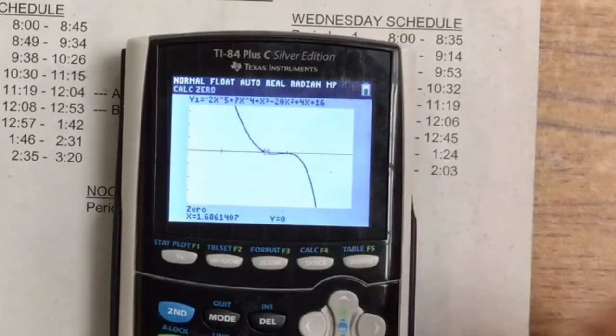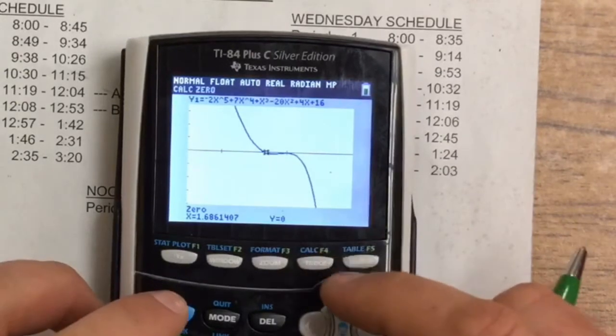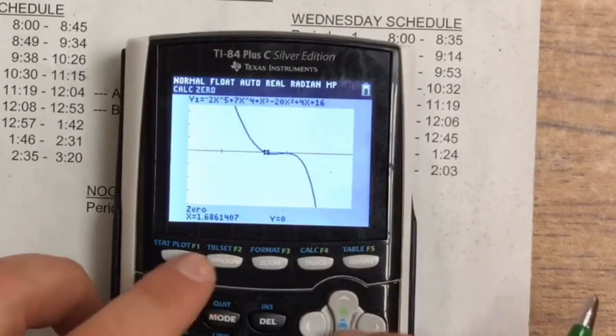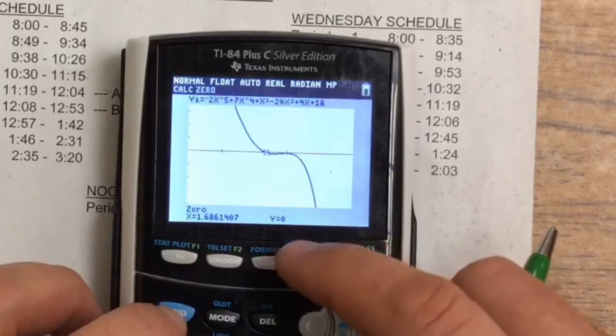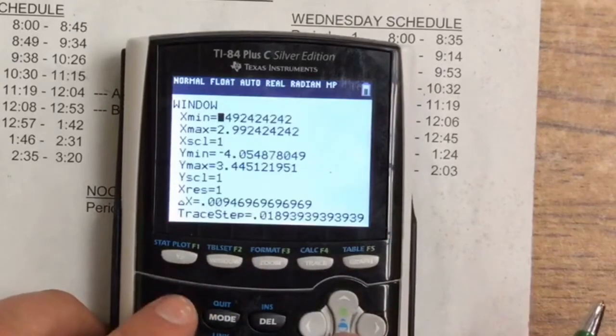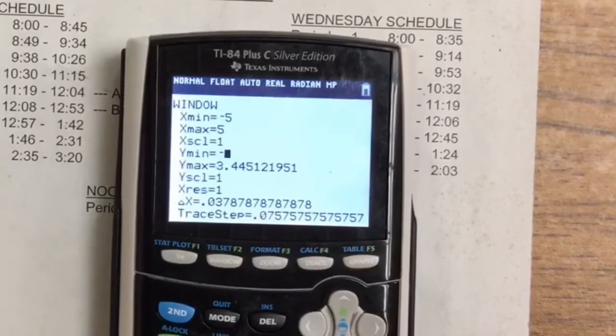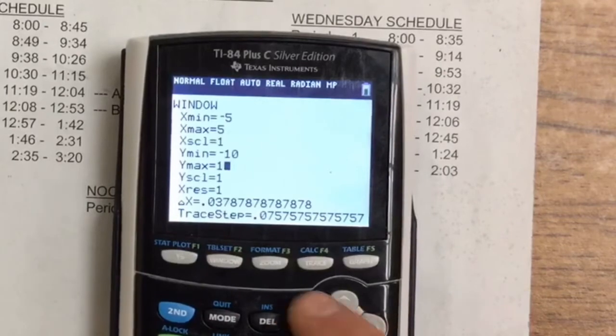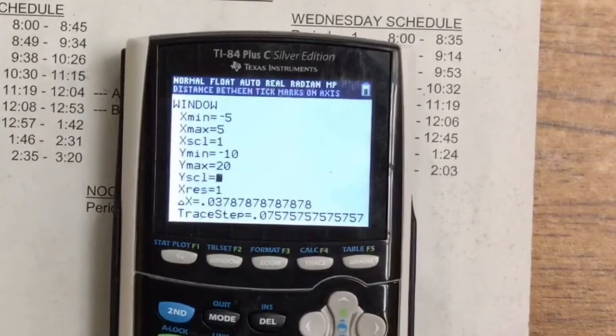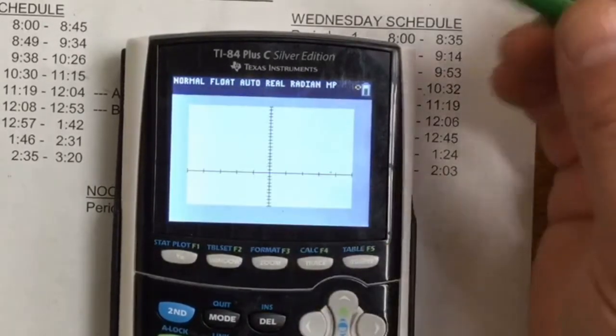Okay. Now I've got to return back to the window that I had. Window, I think I was at negative 5 to 5, and from like negative 10 to 20, I think was the window. Okay, graph.